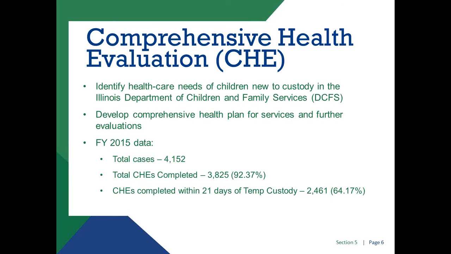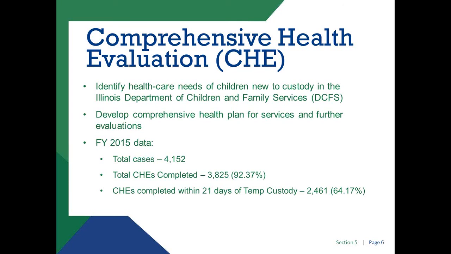In 2015, that was a total of 4,152 cases, and our documentation is that 92% of those received a comprehensive health evaluation. And then within the requirement of 21 days within temporary custody, it was 64%. Let me just comment about that percent as well.